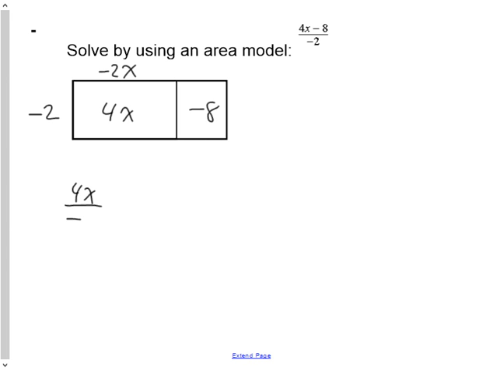You could also take your area and divide it by negative 2 to get negative 2x if you wanted to. You could do it either way. But either way, you're going to get negative 2x. So what number multiplied by negative 2 is negative 8? The answer is positive 4. Negative 2 times positive 4 is negative 8. And therefore, your solution, or the length of this rectangle, is negative 2x plus 4.